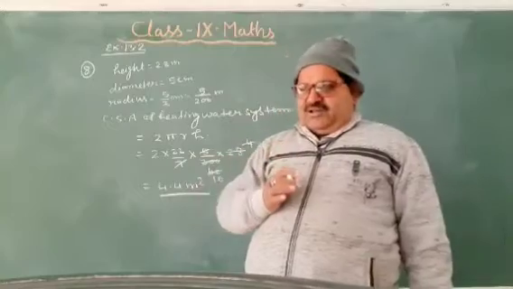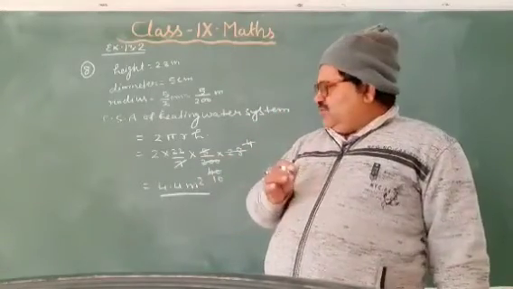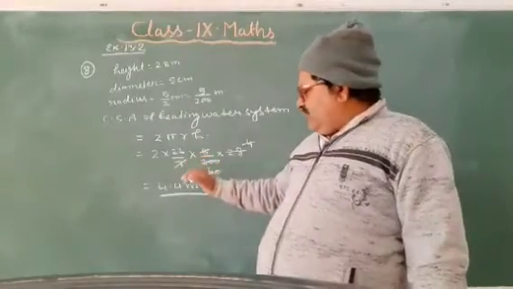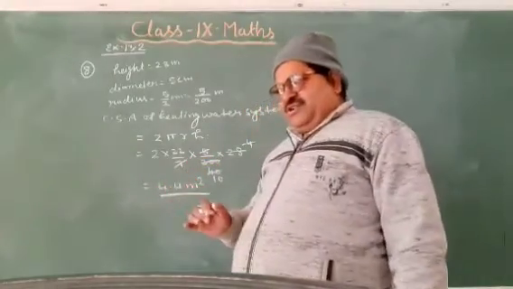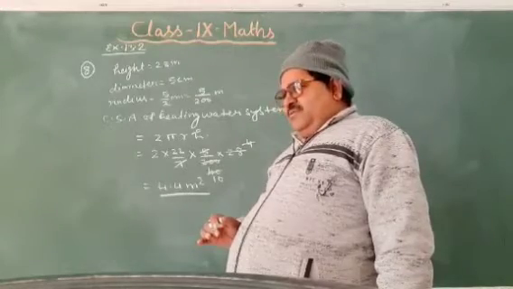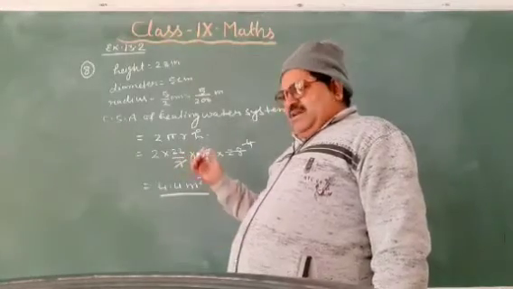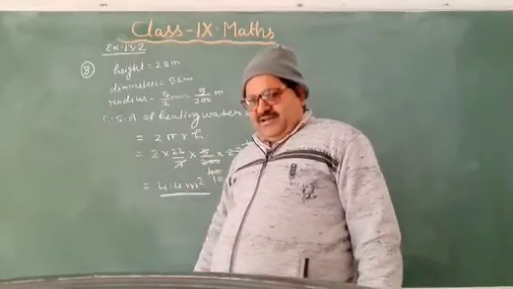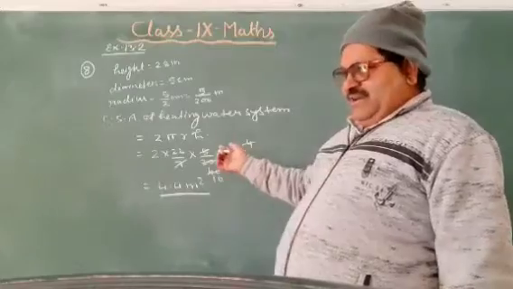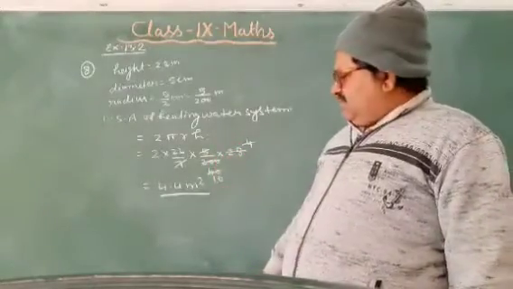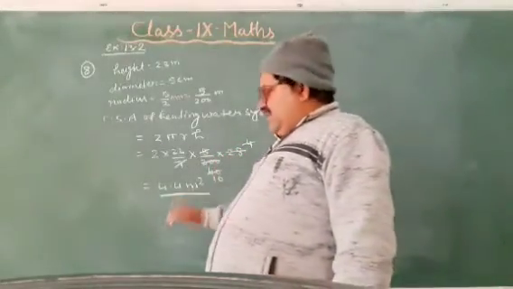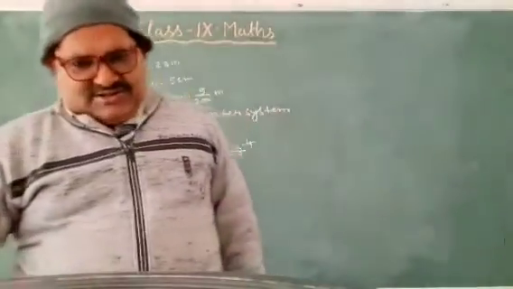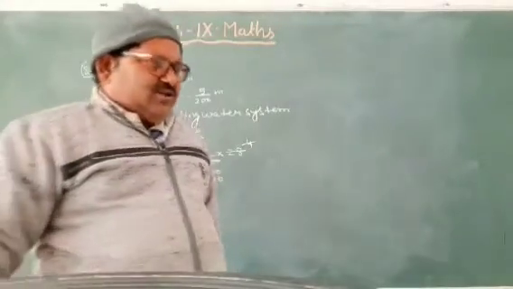Now we put the values: R is equal to 5/200 and H is equal to 28, and we get the result 4.4 meter square is the area of water radiating system. Clear? Now the next question.